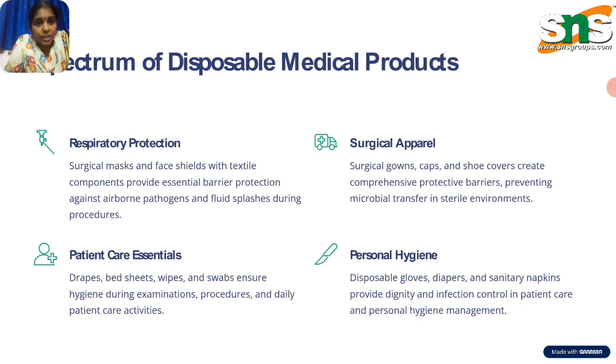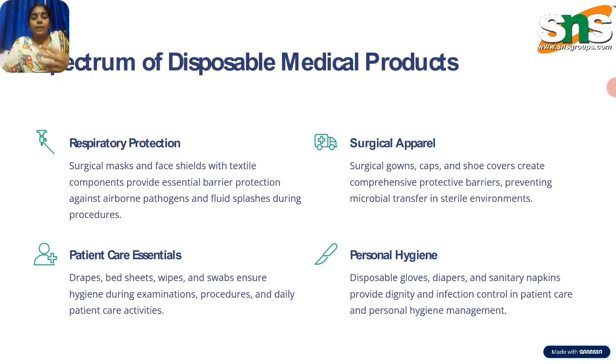Next is patient care essentials. Draperies, bed sheets, wipes, and swabs ensure hygiene during examination procedures and daily patient care activities. If the patient is bedridden, they use bed sheets, bed covers, and pillow covers daily, they use diapers, and they use tissues for cleaning. So this mainly concentrates on patient care.